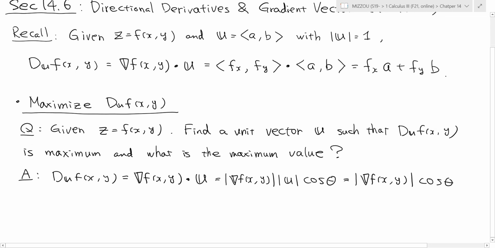So that implies the directional derivative is between -1 times this and 1 times this, so between negative the magnitude of the gradient and the magnitude of the gradient.